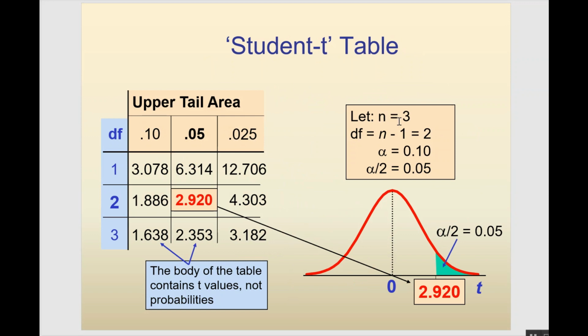Let's say your n equals 3. Your degree of freedom is your sample size minus 1, so your df is 2. If you are given alpha is 0.1, then alpha divided by 2 gives 0.05. So you need to look in the table for 0.05 and for df equal to 2.